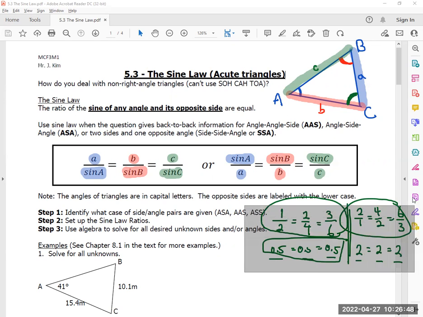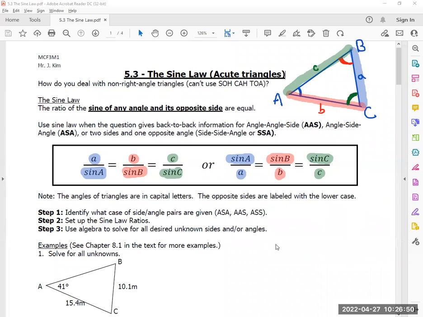Looks like some people might still be copying, so I would like everyone to take a look at this triangle. Sine law has a condition. It has to fulfill this condition if you want to use sine law.